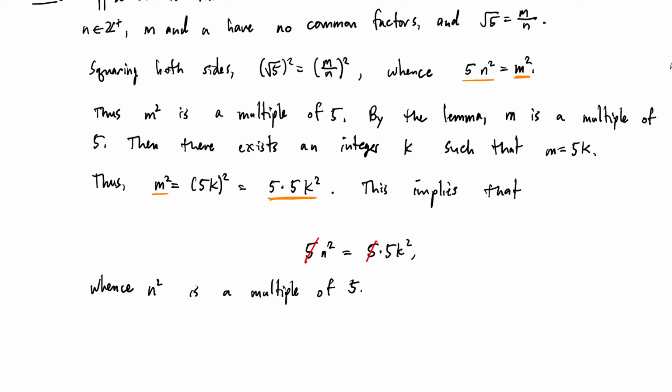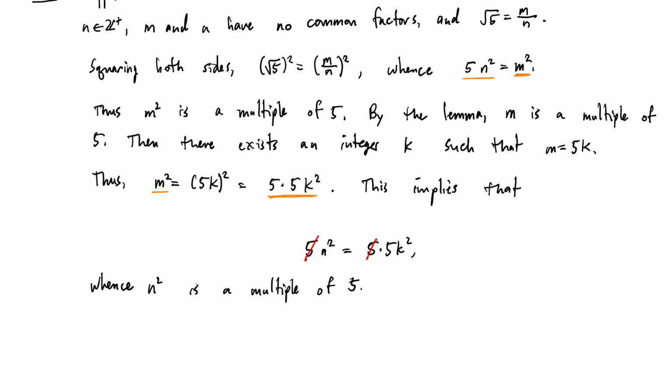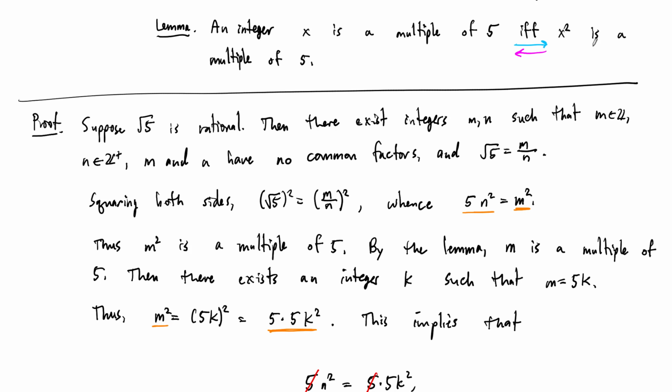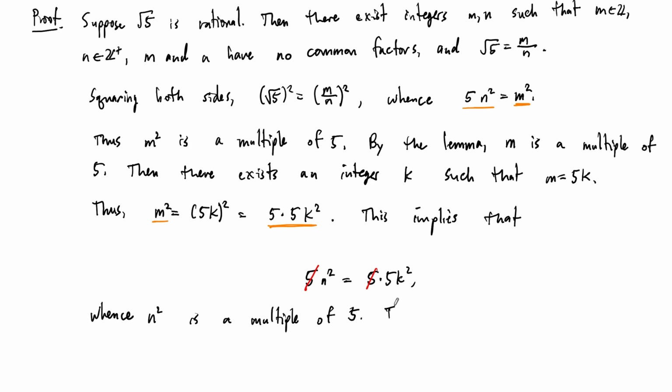But we just went through this dance. It feels kind of like deja vu, very recent deja vu, because the lemma now implies that n itself must be a multiple of 5 by the same exact reasoning that we used for m. So the lemma, once again, implies that n is a multiple of 5.